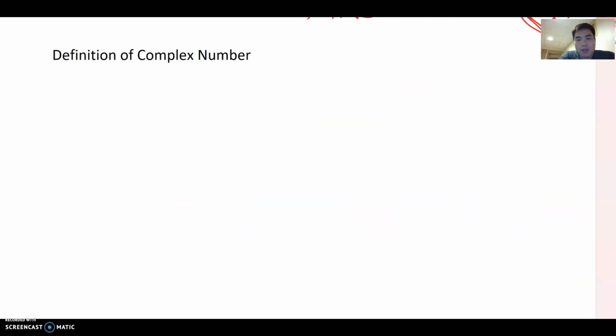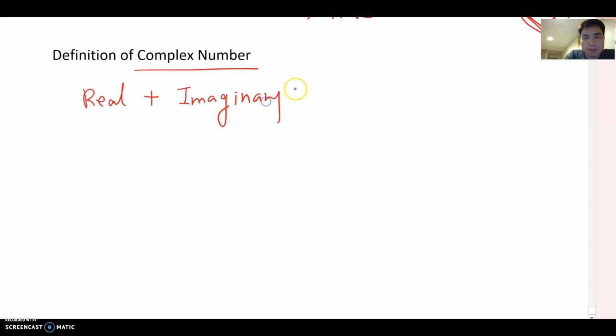Okay? Then let's look at the definition of a complex number. Now we can talk about it. A complex number means it is a real value plus an imaginary number.